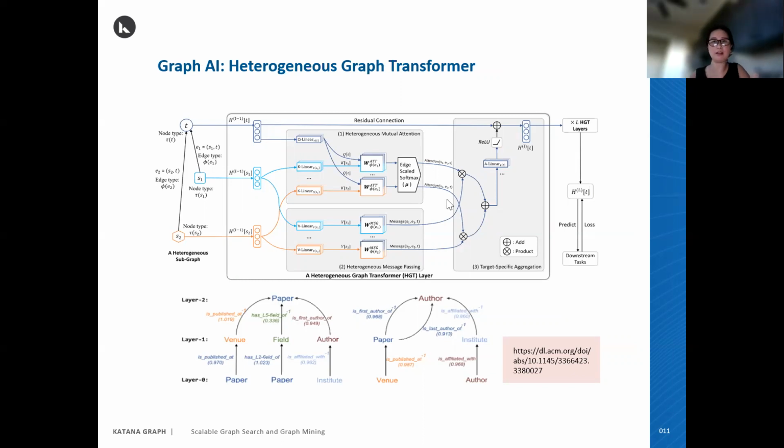With this graph transformer, they can find path patterns. For instance, they find the path patterns between paper, venue, paper; or paper, field, paper; institute, author, and paper.